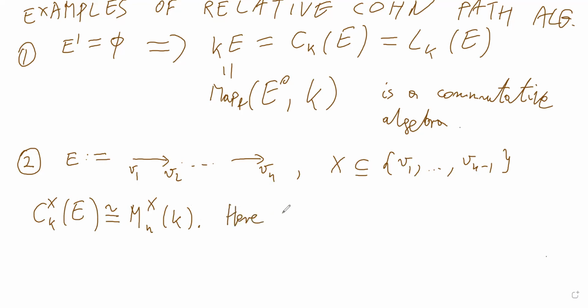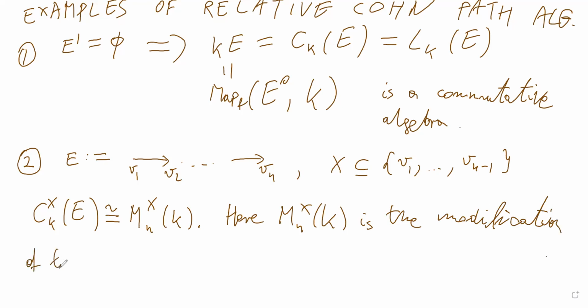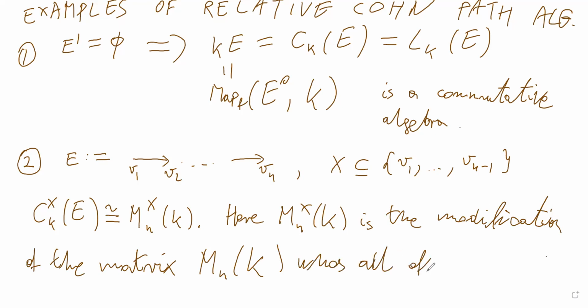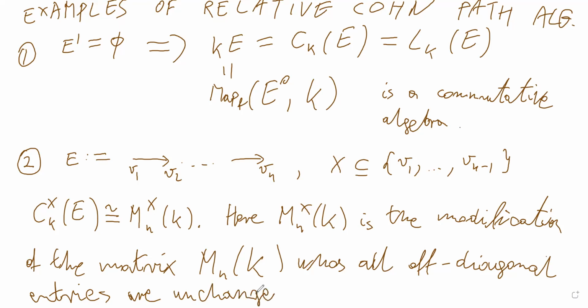So here, M_n(X, K) is the modification of the standard matrix algebra of n by n matrices over our field K, whose off-diagonal entries are unchanged. So I'm not modifying off-diagonal entries.